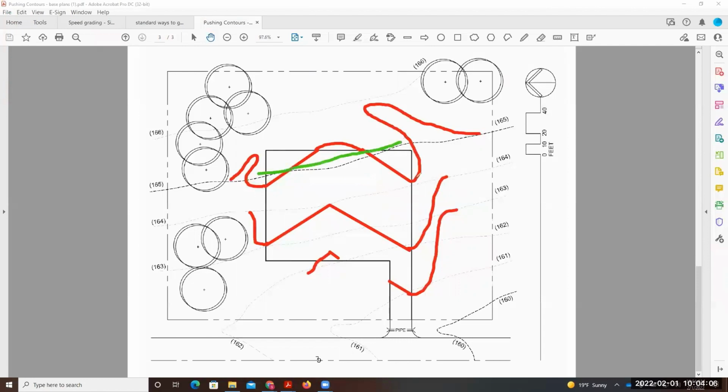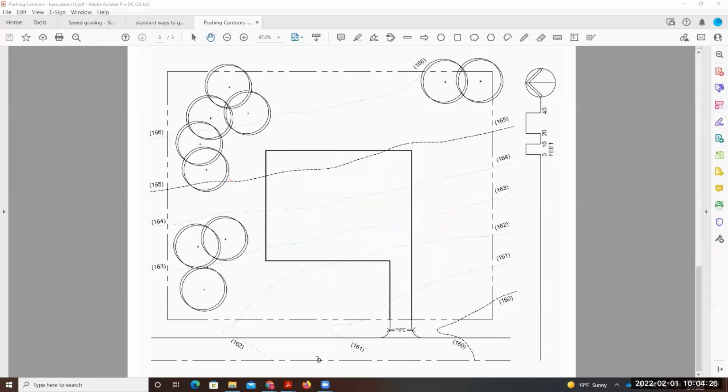The existing contours are running this direction. So if the existing contours are running this direction, we want to try to keep with those existing contours. If the existing contours were in a different direction, then we would do something different.